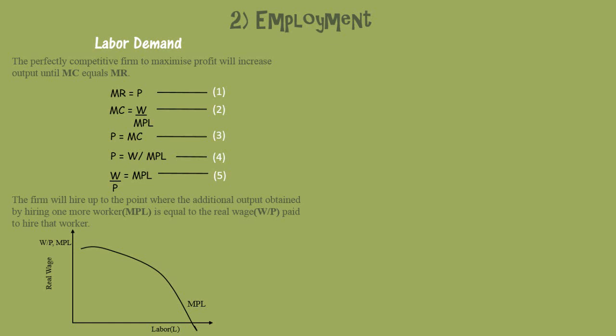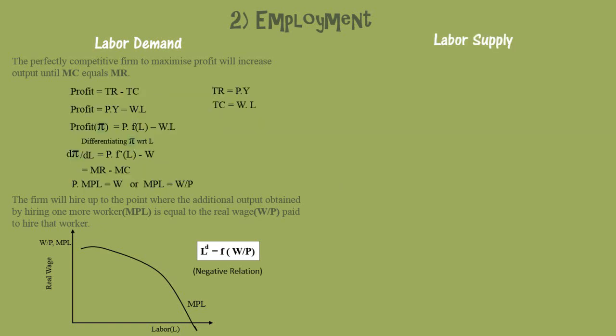So we ultimately get this downward sloping demand schedule. What we infer from this is that labor demand is a function of real wage, and it is negatively related to it. As the real wage increases, my labor demand will fall, and as real wage falls, my labor demand will increase.